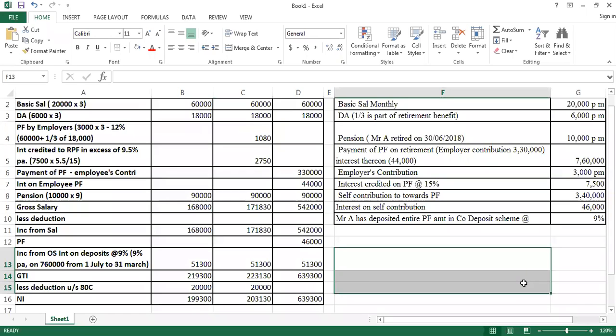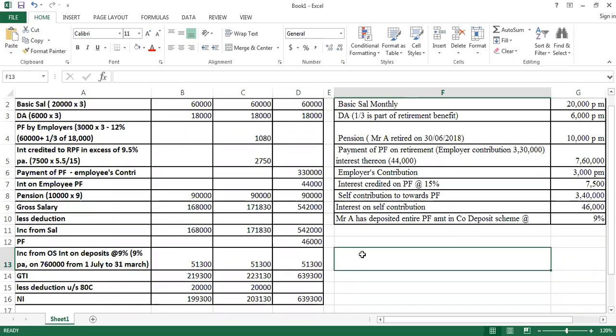Any doubts in this? Sir, 12% of what? See, what does it say? It says employer's contribution.